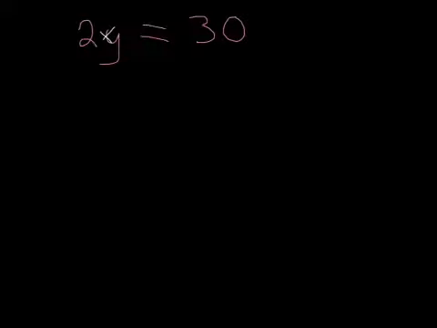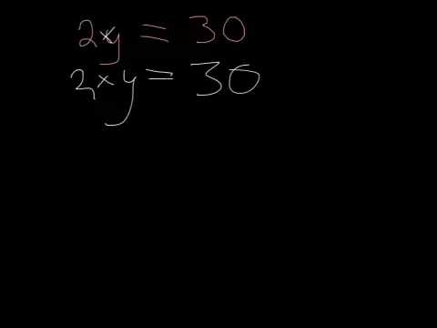Sorry, that's a bit messy. How about I rewrite it? So that actually means 2 times y equals 30. Just remember that anytime there is a number in front of a letter, a pronumeral, that means that they are multiplied by each other. So this is our times or multiplication example.